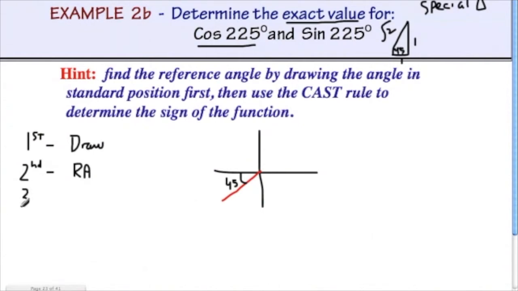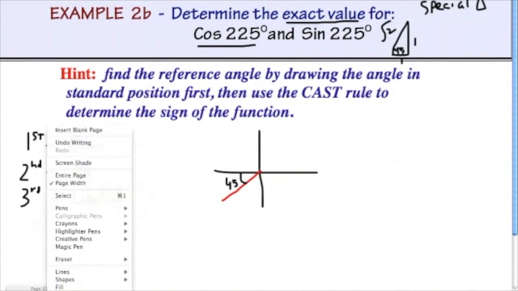The third thing you should be doing in your thought process is label. We've got to label that triangle. So let's make it into a triangle. Let's get a different color here.